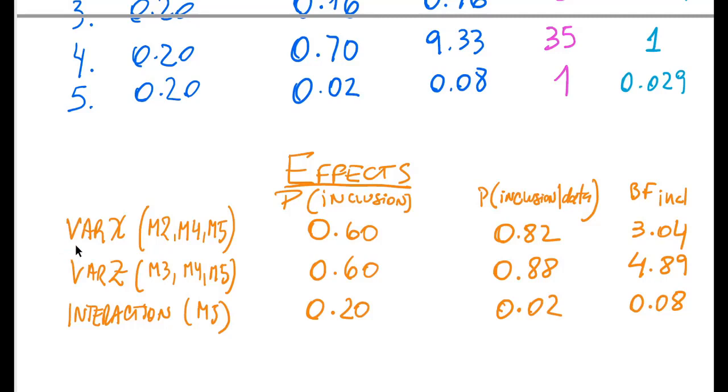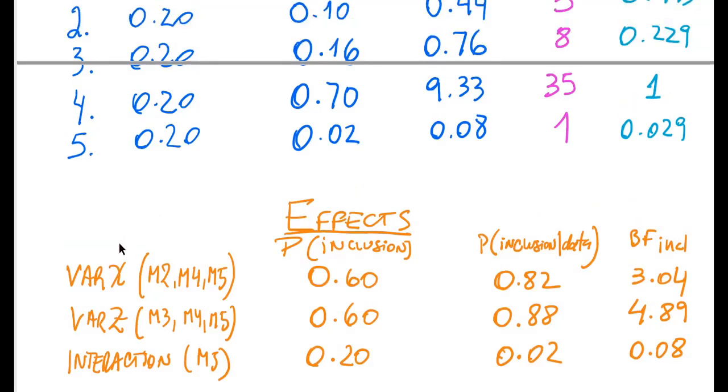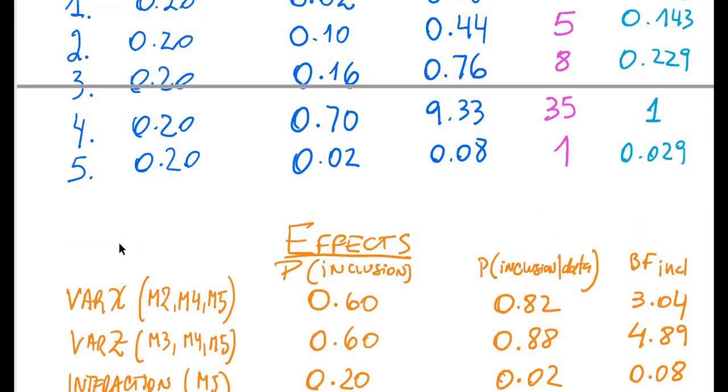So basically it says, well, what's the effect of variable x? Basically, what we need to determine is in which models variable x is present. We've got variable x in model 2, which is a model that only considers variable x. We've got it in model 4, in which both variable x and variable z are present.